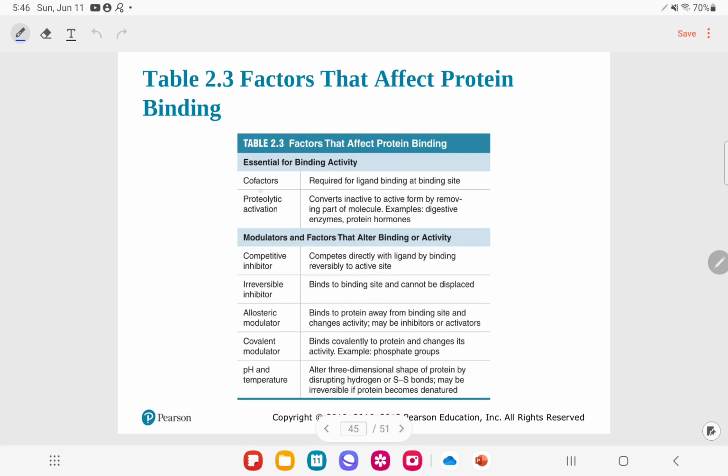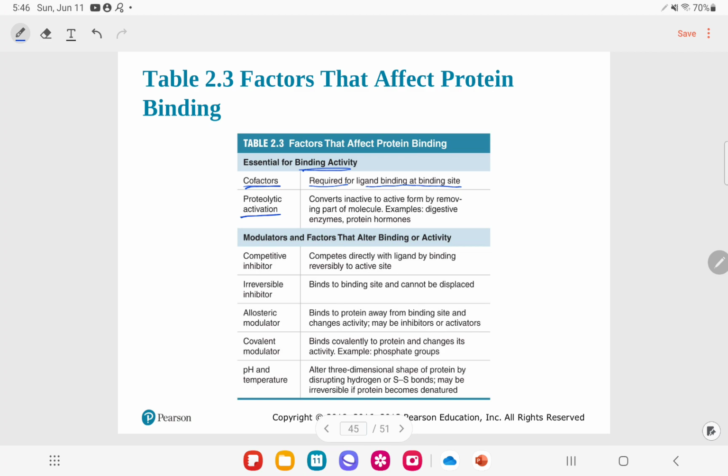So cofactors, right? These are going to be important because they're going to be required for ligand binding at a binding site. So some proteins need a cofactor. They need like a vitamin. They need like an ion there to actually successfully bind this ligand. Proteolytic activation. This is where we are able to convert an inactive form to an active form, right?